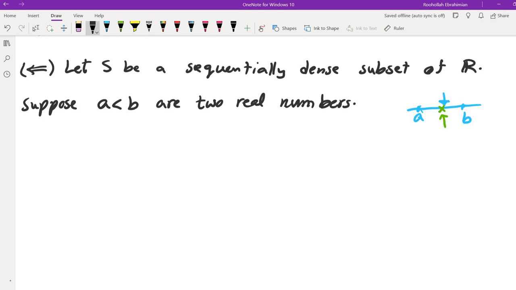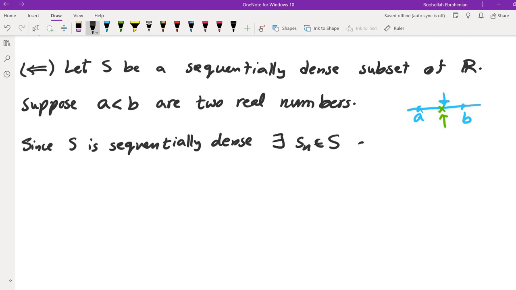Now, the most natural number to take inside the interval would be the midpoint. So since S is sequentially dense, there is Sn in S such that Sn approaches the midpoint, (a plus b) over 2.